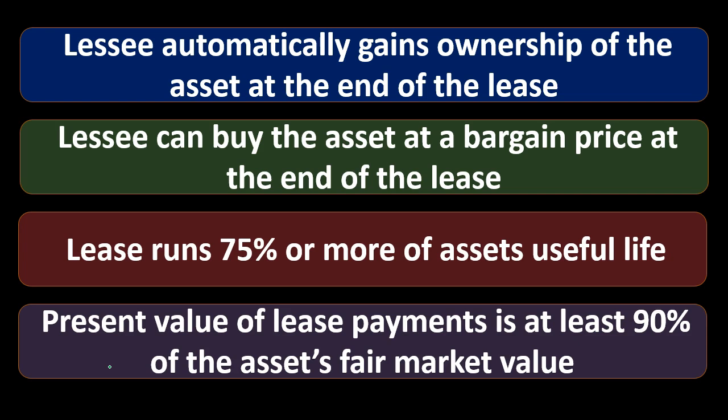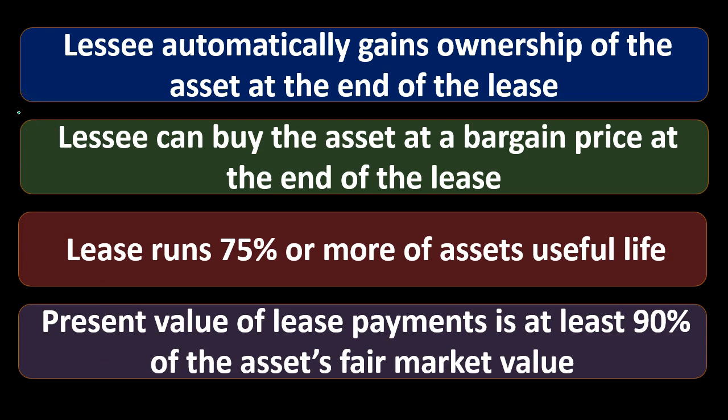And if the present value of the lease payments is 90% of the fair market value of the equipment, then again, it would look a whole lot like you've agreed to something that looks like a purchase rather than a lease.